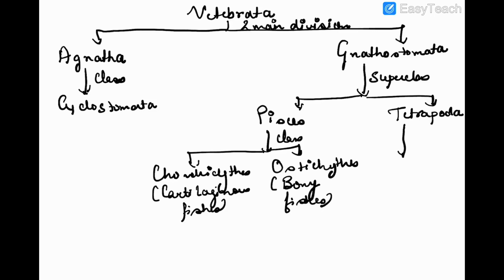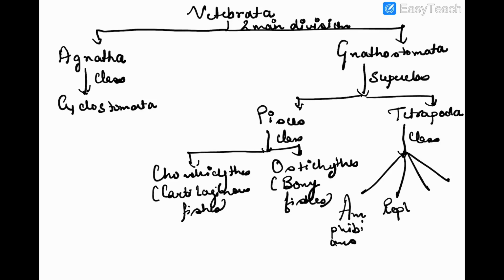Tetrapoda further include four classes: class Amphibia, class Reptilia, class Aves, and class Mammalia.